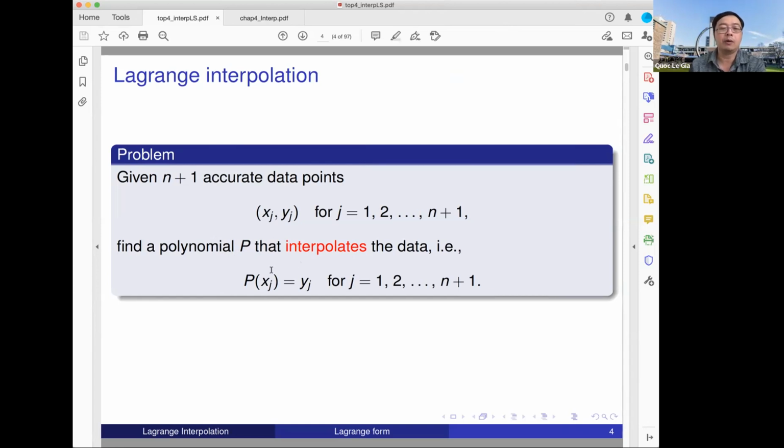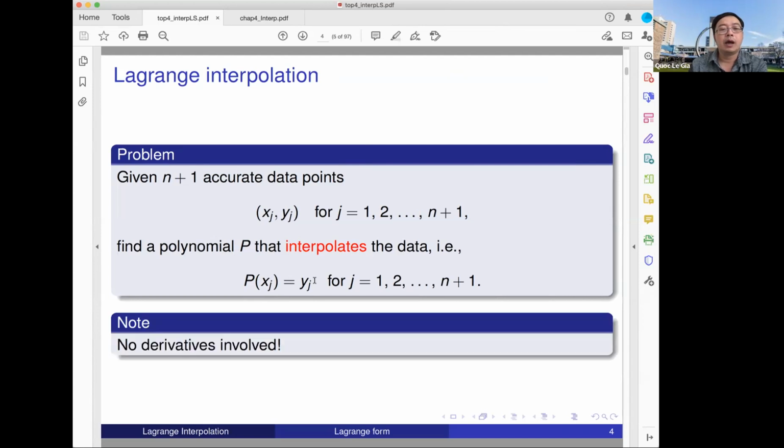And then the polynomial interpolates the data. It means that the curve goes through the blue points, okay? So if you plug xj into the polynomial p, then you get yj. And we don't have any information about derivatives. We just have the information that it goes through those points.